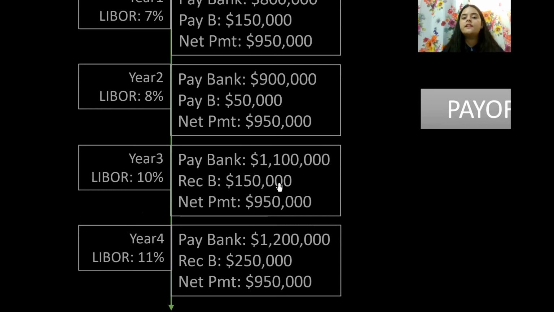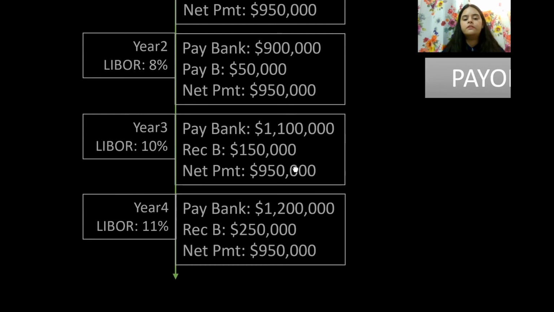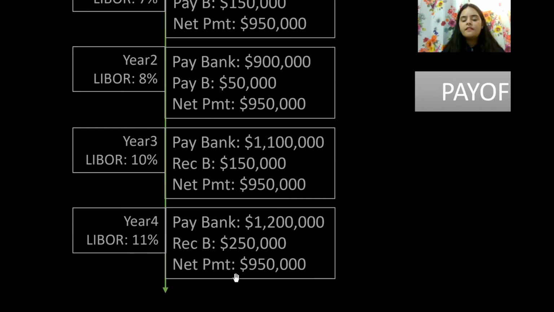So what is the net cash outflow for company A? It is $1,100,000 minus $150,000, which results in a net payment of again $950,000, same as year one and year two. Likewise, for year four, company A is again paying a net payment of $950,000.